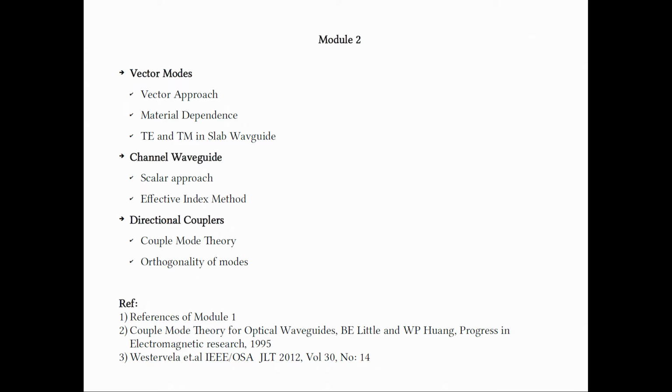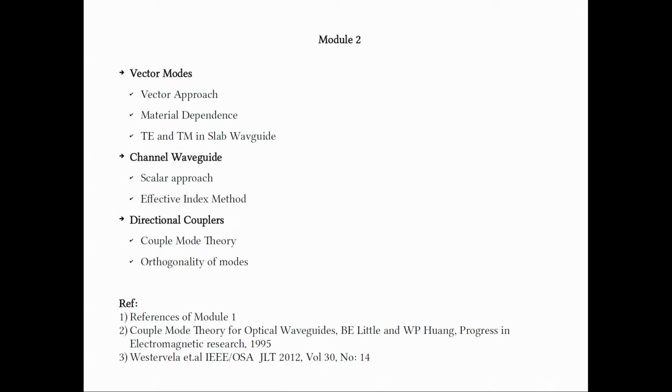Then we can have hybrid modes, a combination of these in the channel waveguide. Then you can talk about the weakly guiding modes where the refractive index difference is very small. Then the dependence of these properties on the material characteristics like anisotropy, uniformity, and so on forth are important. And of course, the polarization characteristics are important in many devices like polarization controllers, isolators, and so on and so forth.